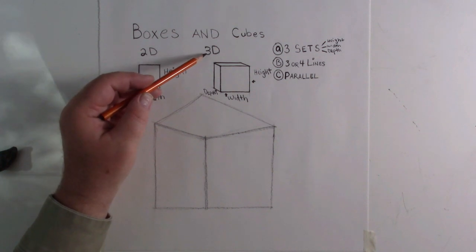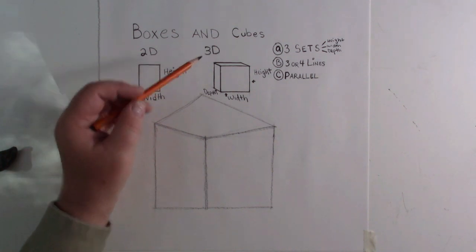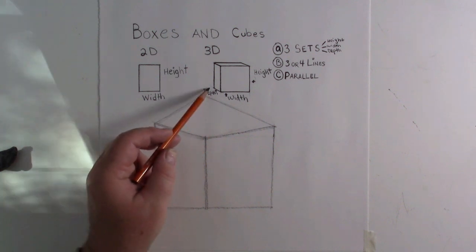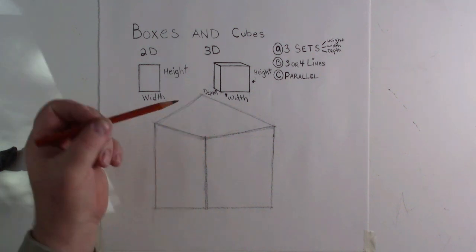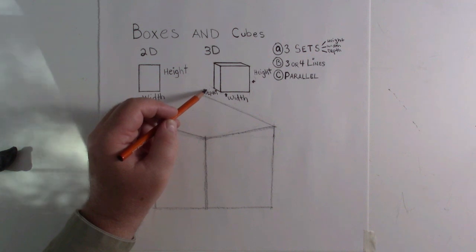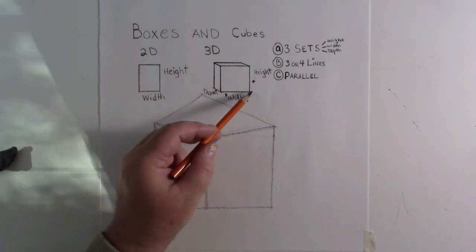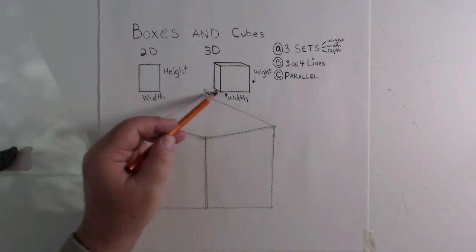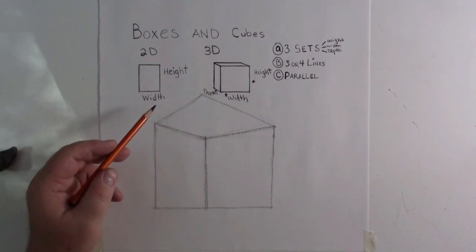Now when we have a 3D shape, we have an extra dimension. We still have height, we still have width, and now we have depth. Height is how high it is, width is how wide it is, and depth is how far back it goes.